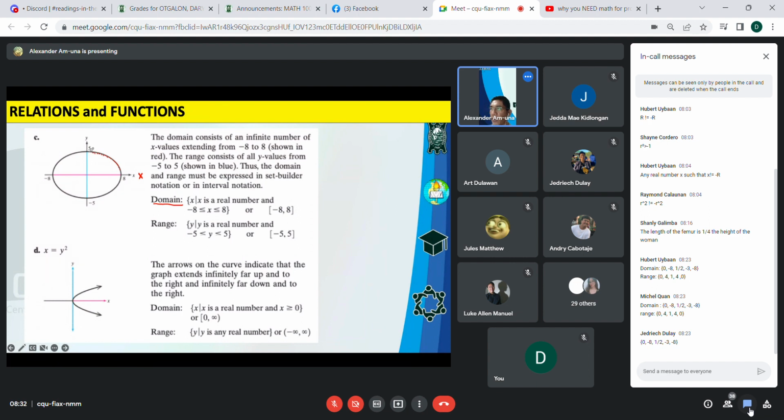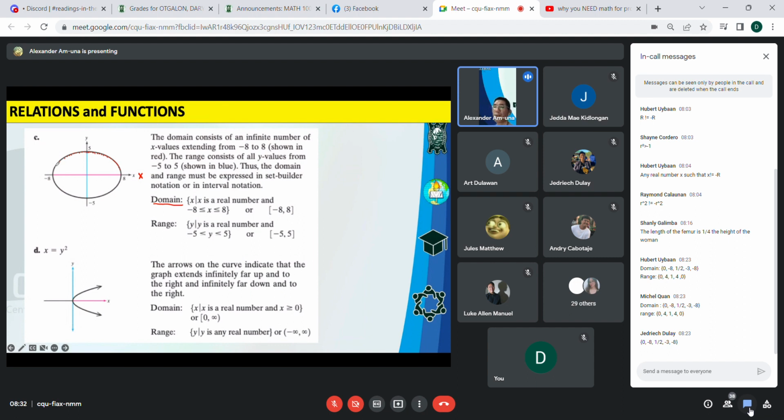Oh. So how many x values are there? Di ba ang dami-dami? We cannot count that. Okay? So all the points here. So instead of enumerating all the x values, we can now use the variable and specify the property.